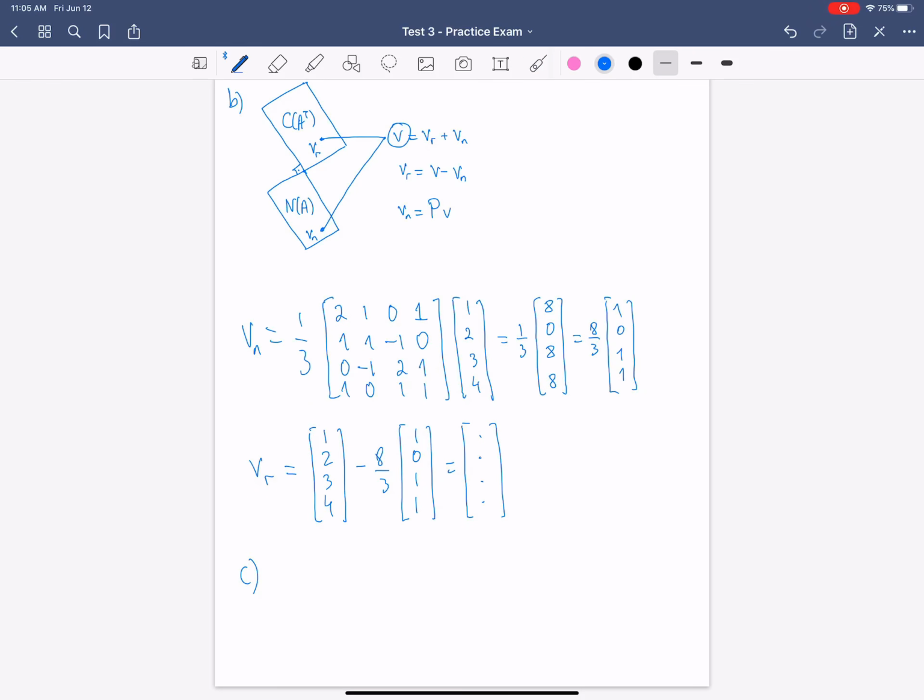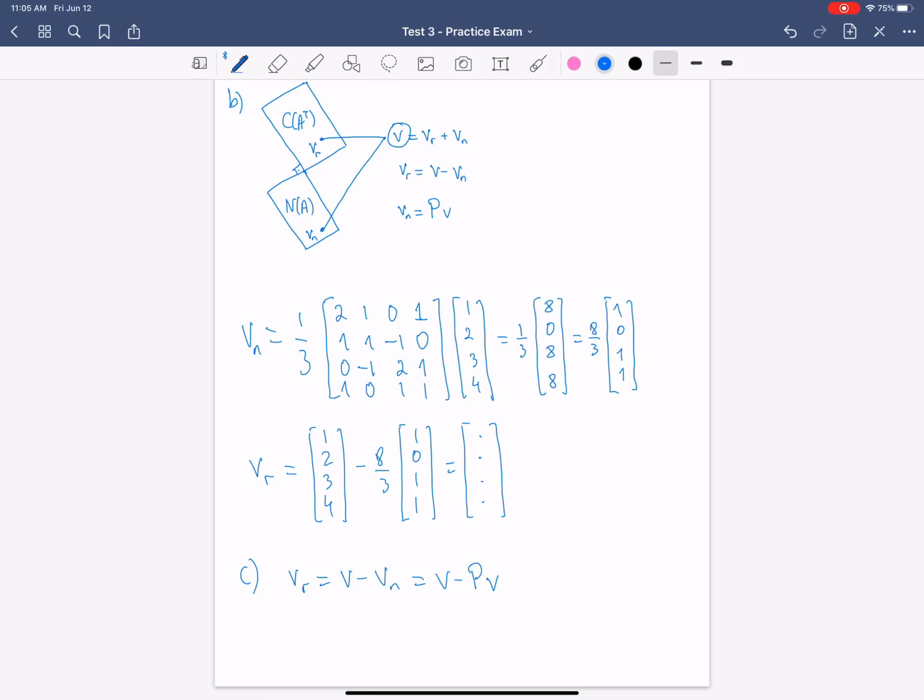What I know is that V_R equals V minus V_n, where V_n is the projection of V onto the null space of A. So that is V minus PV.